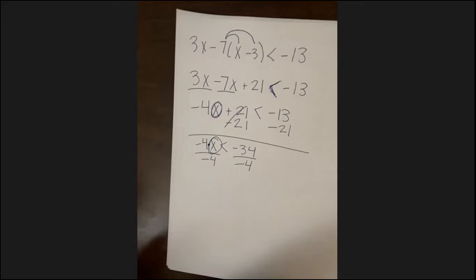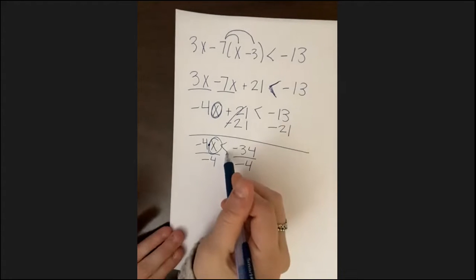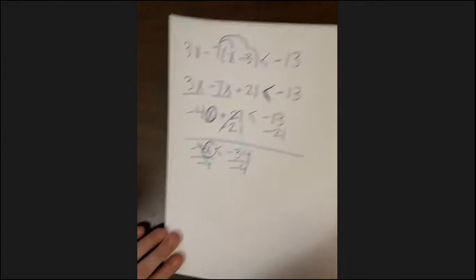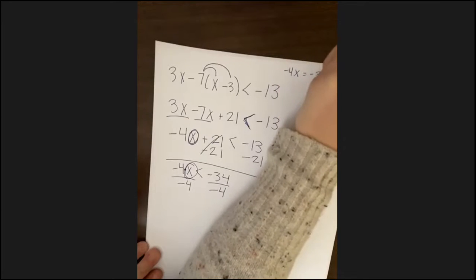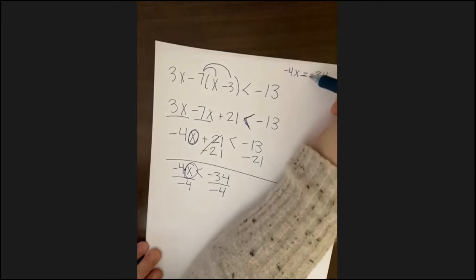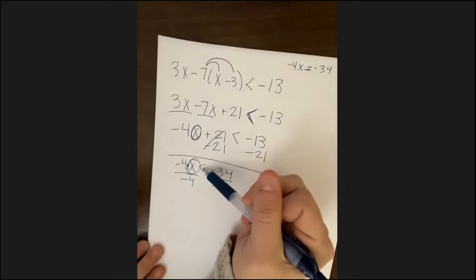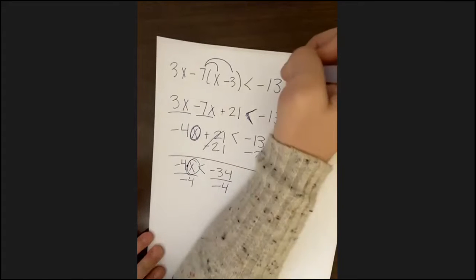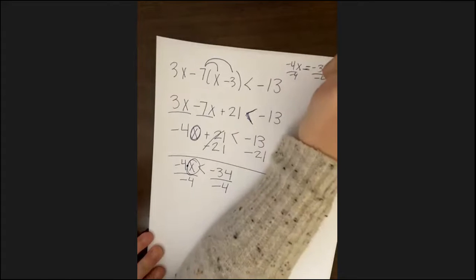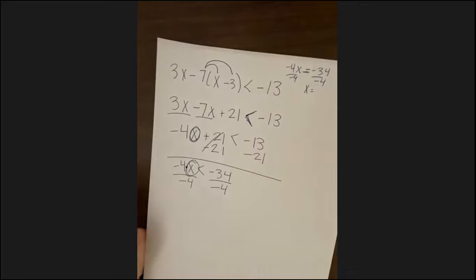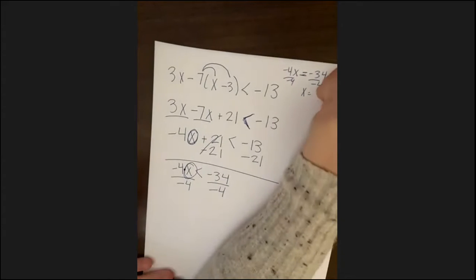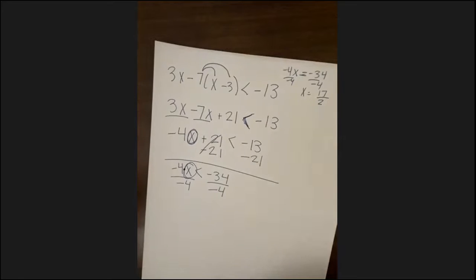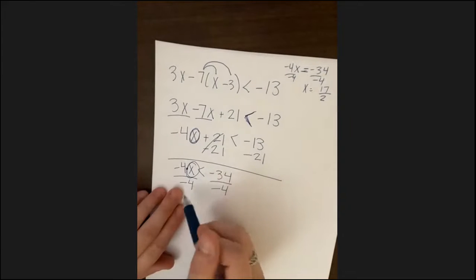Now, this is where inequalities and equations are different. Equations have just equal signs. This has an inequality sign. When you divide by 4 in an equation, nothing changes, but here, when we divide by that negative 4, what happens?